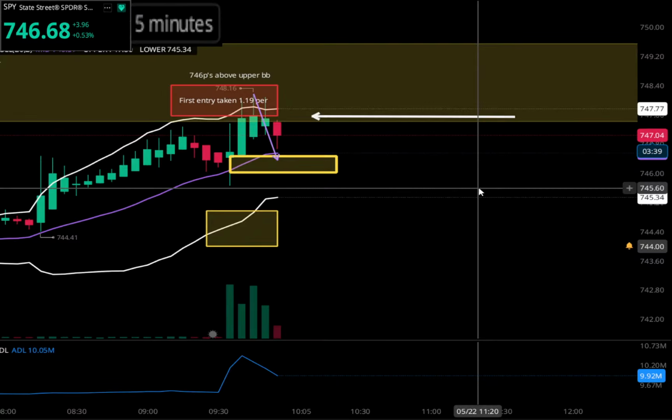If you have runners, then you can allow them to run. I want to move our level up to the 746.59, just because I want to make sure we entirely hit this level.